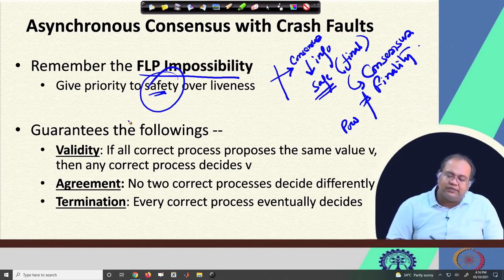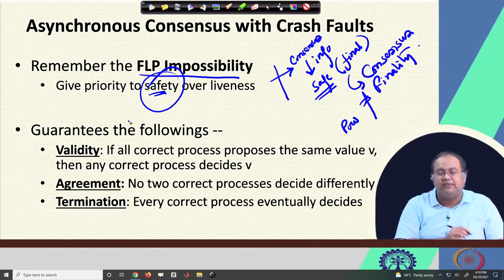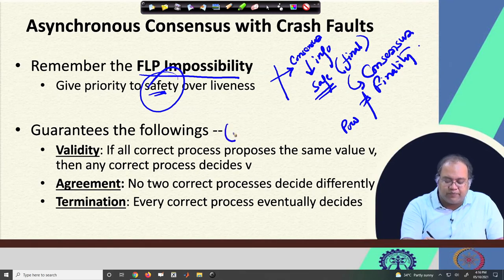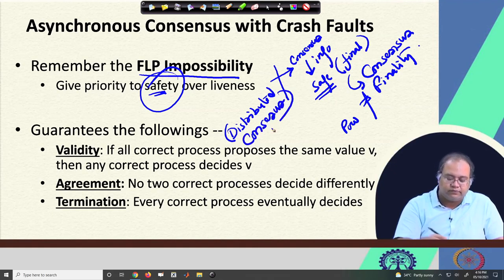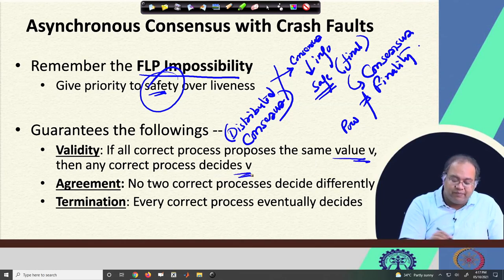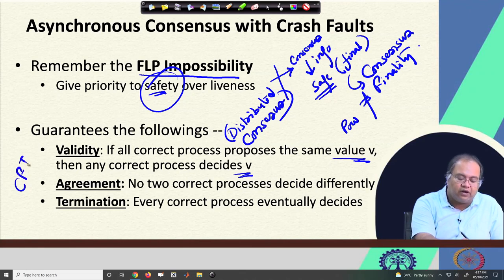Now, the consensus algorithms that we are going to discuss guarantee the following properties. This is the standard property set for any distributed consensus mechanism. First is validity. Validity says that if all correct processes propose the same value V, then any correct process decides V. Remember that we are talking about CFT, or crash fault tolerance.